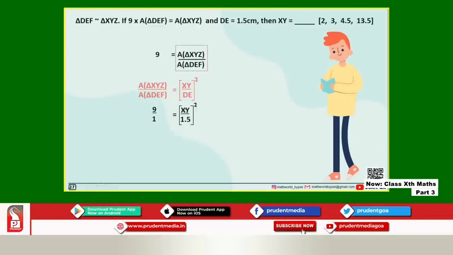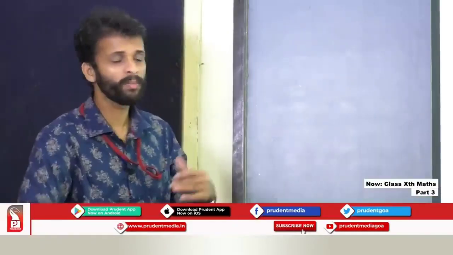So XY is something that we have to find out. All I will do now is take this 1.5 and multiply this side. But wait a second, how come 1.5 is written twice over here? It is only because there is 1.5 the whole square, which means 1.5 multiplied by 1.5.